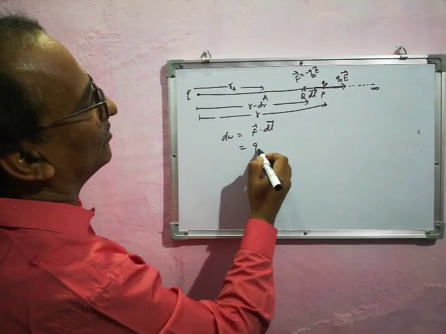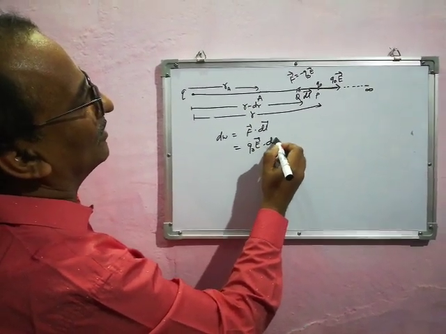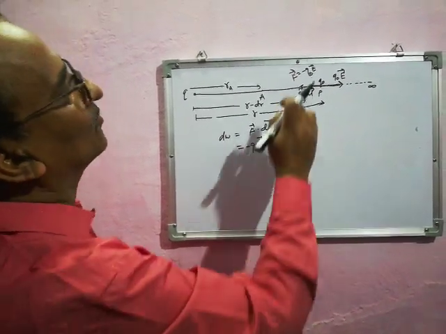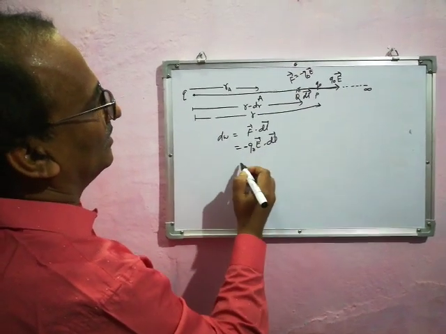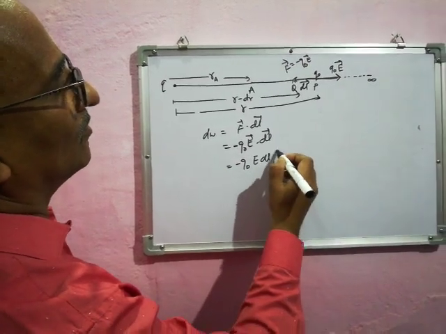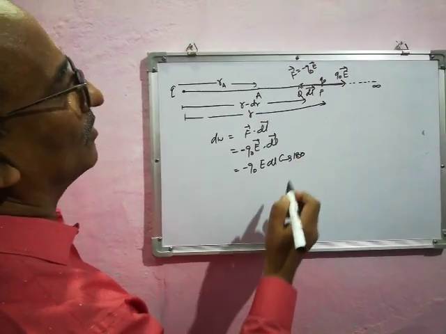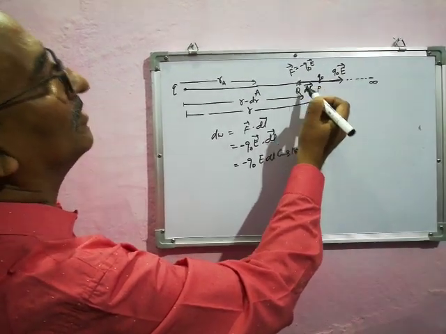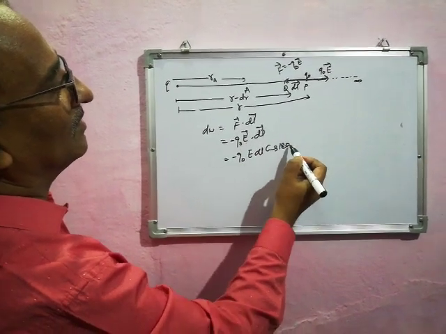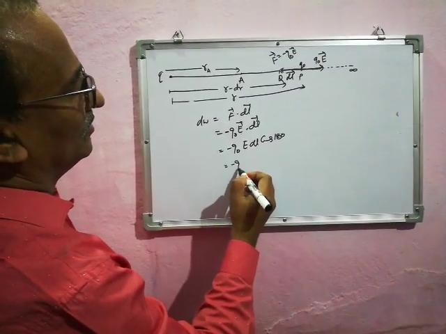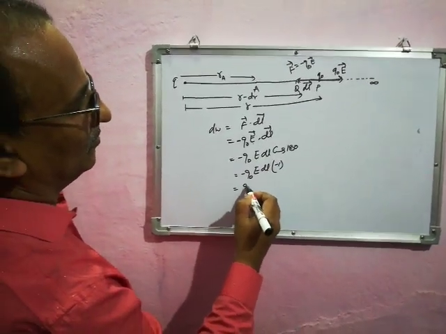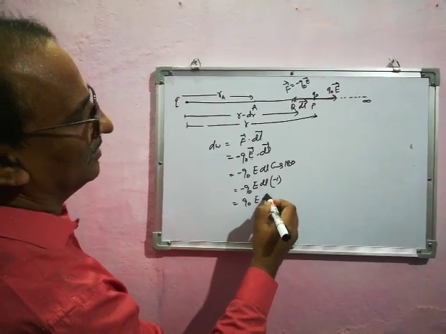Here F is equal to minus Q0E, as we considered the force against the electric field, so the work done becomes Q0E dl cos 180 degrees, because displacement is along this direction and E is along the other direction, so the angle between E and dl is 180 degrees. Since cos 180 is minus 1, it is equal to minus Q naught E dl.